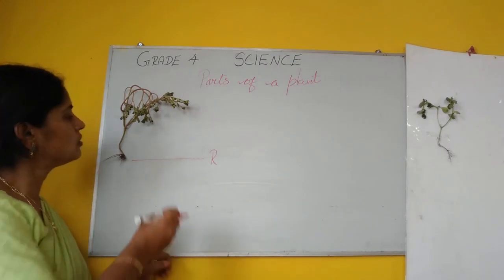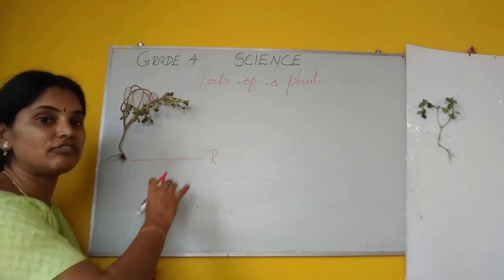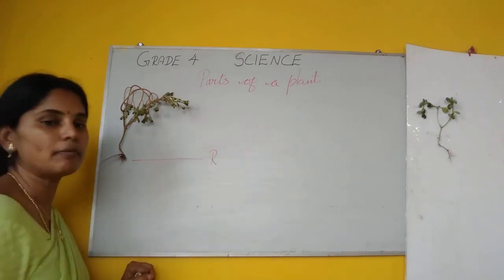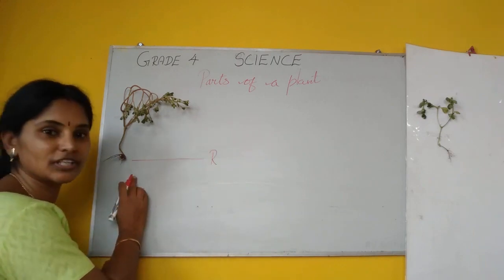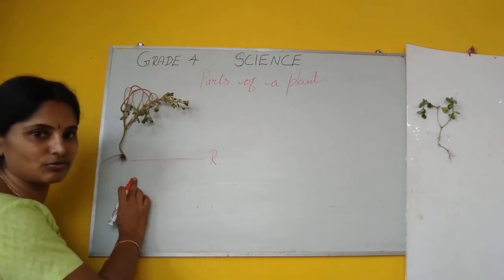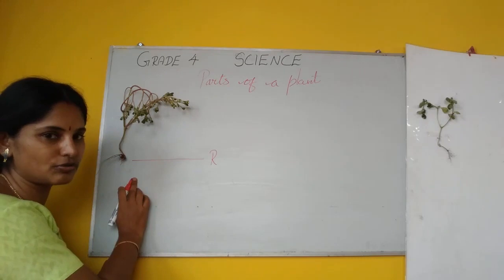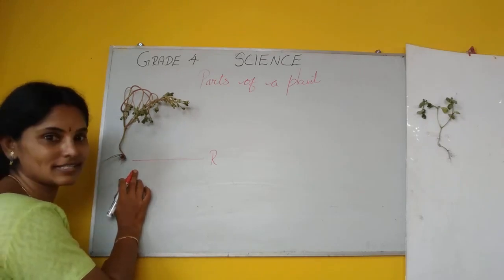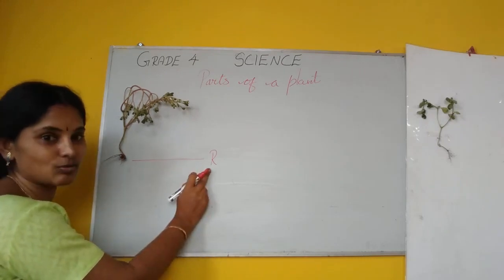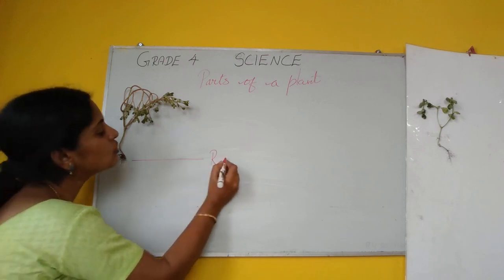Okay? So now we'll see the different parts of a plant. We already know, isn't it? Just now I showed you. What part is this? First letter is R. Root.